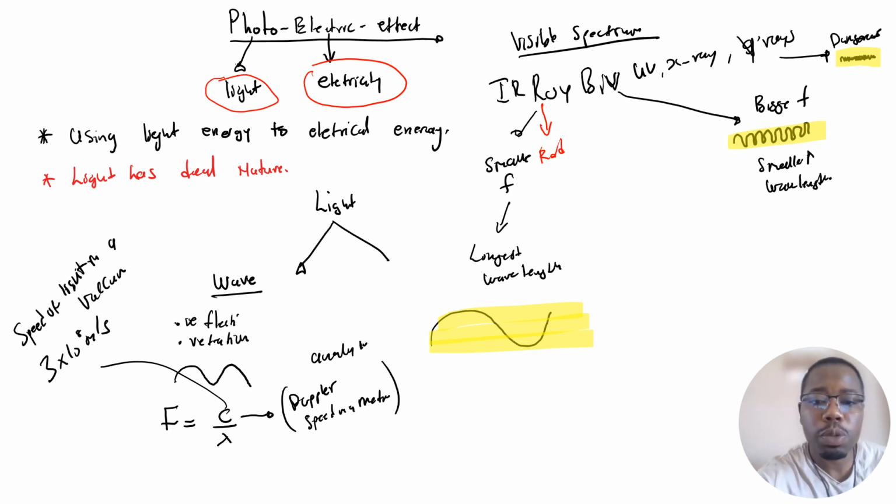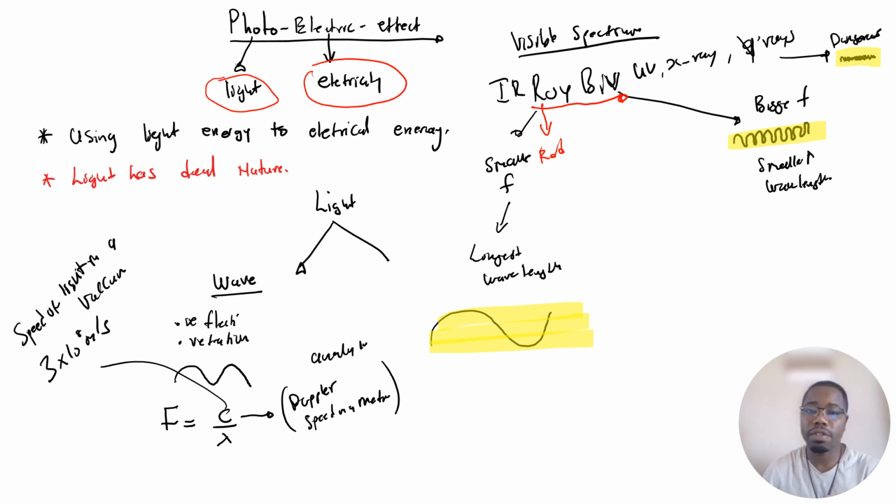These are the colors of light that we can see with our naked eyes. Just before the red, we have the infrared, which is used by most of our cell phones. It has a very low frequency.